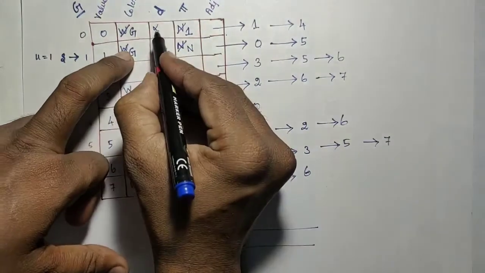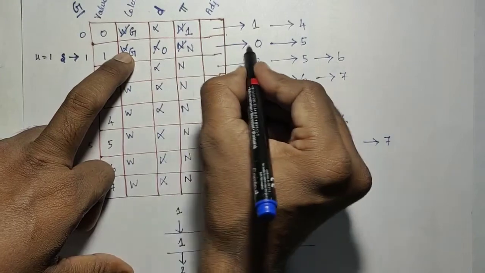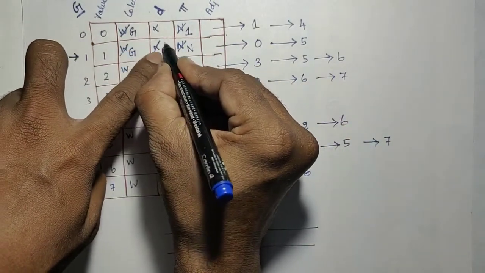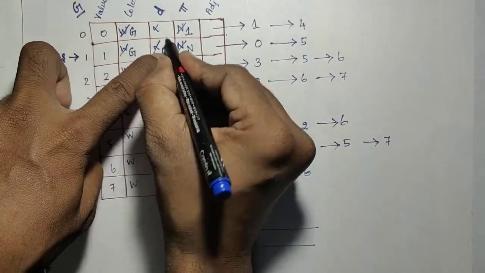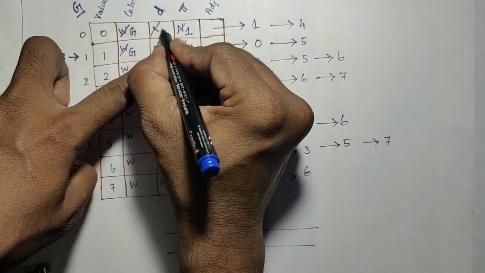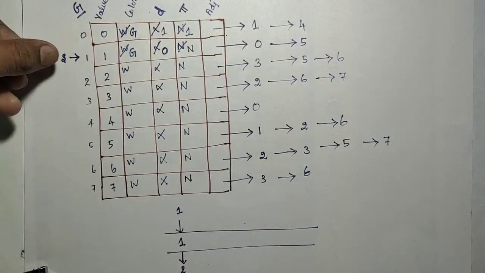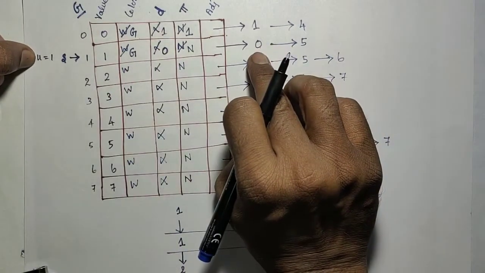The distance is nothing but the 0 is visited by U, so U's distance plus 1. U's distance, d, is 0, plus 1 is 1, so it will be updated with 1.